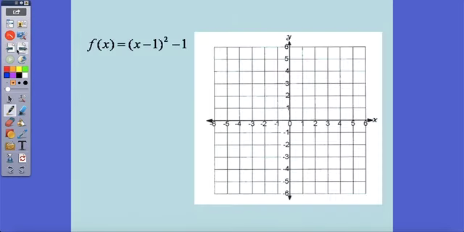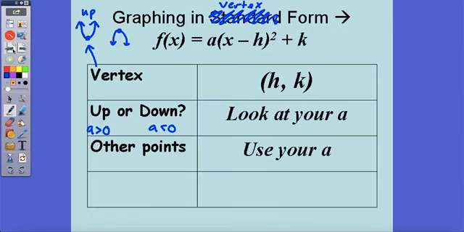So for example, let's say it's y equals 3 times (x minus 2) squared plus 1. Our vertex would be at (2, 1).